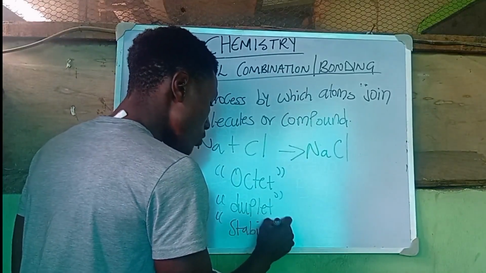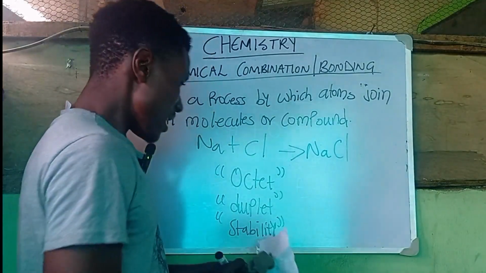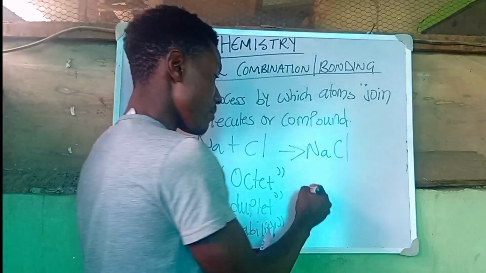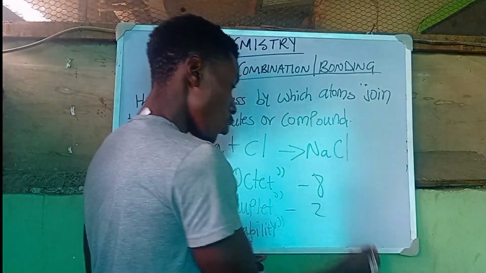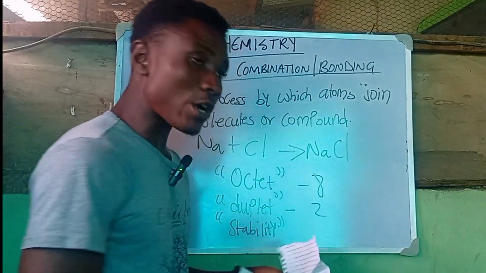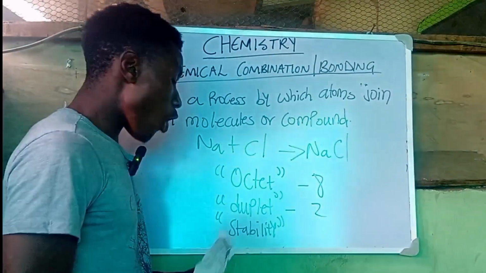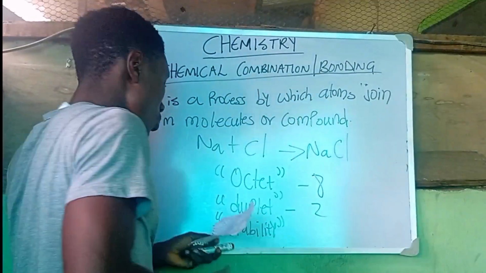That means the major purpose of chemical bonding is for elements to attain an octet state, a duplet state, or stability. We already know that octet means 8, which is a balanced state, and duplet means 2, which is also a balanced state. And we already know the English definition of stability. So that is the major reason elements undergo chemical combination.